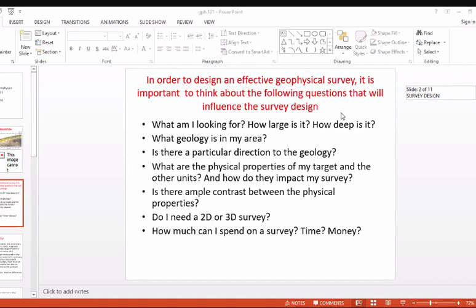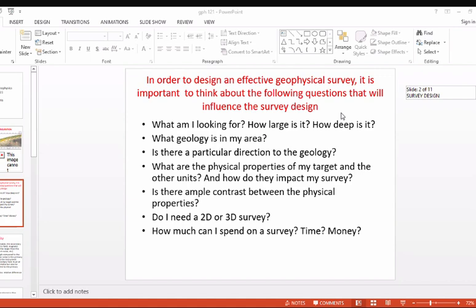For instance, I want to make use of the electrical resistivity method. There must be a good contrast between the conductivity of the target and the conductivity of the surroundings, or what is hosting the target. If the target and the surroundings have the same physical property, if there is no difference in their conductivity, then I'm going to leave that method.